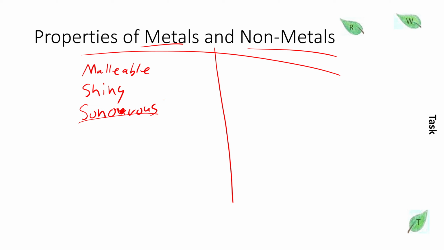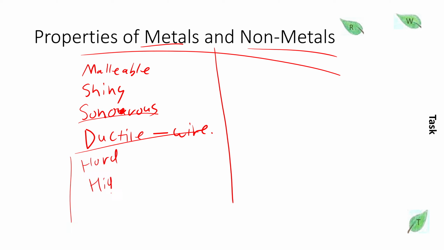You've seen a bell. If you hit it, it rings. They are ductile. They can be drawn into a wire. They are hard. They have a high melting point and boiling point. So these are the ones that you should know.